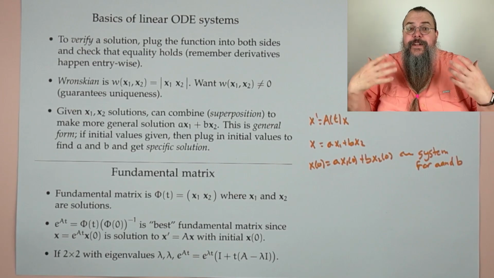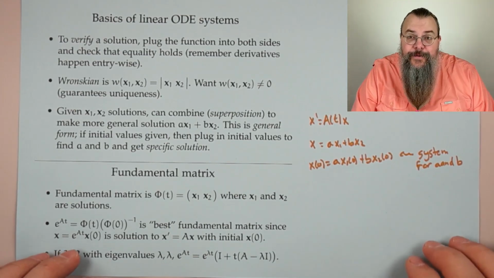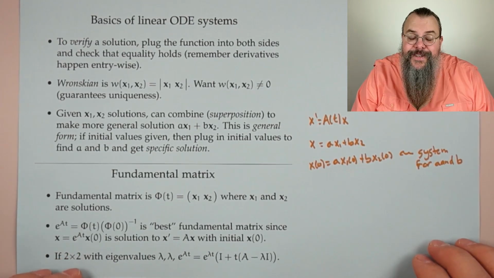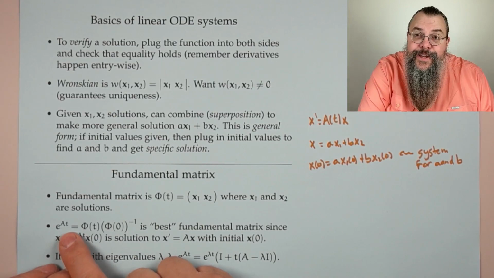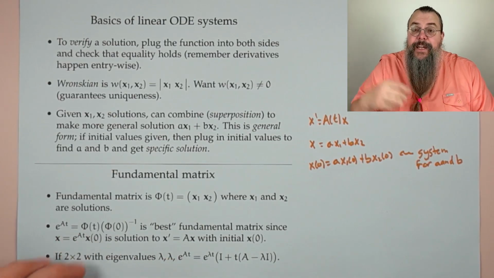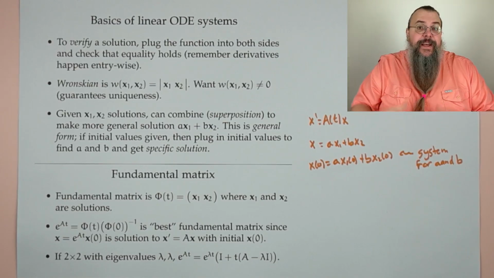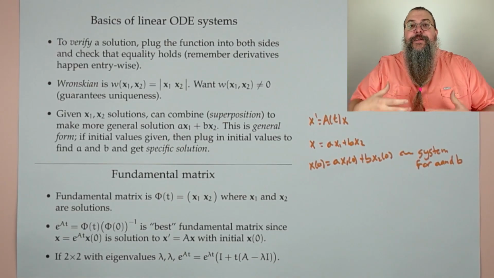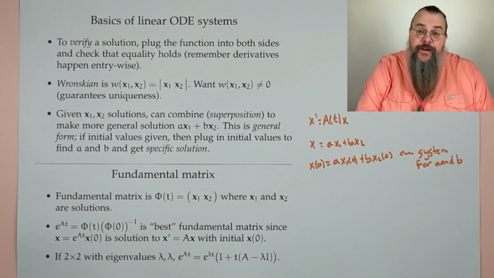Now, fundamental matrices are not unique. However, there is a best one. And the best fundamental matrix is called e to the at. And it really does behave like an exponential function. What you would expect for properties of an exponential function, e to the at has. And how do you find it?